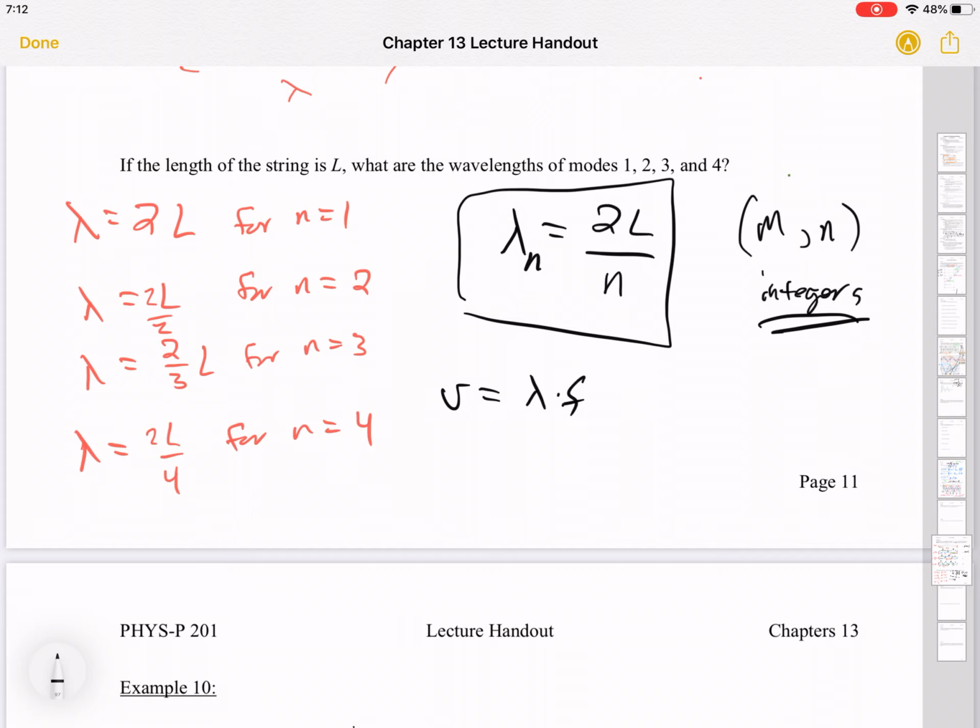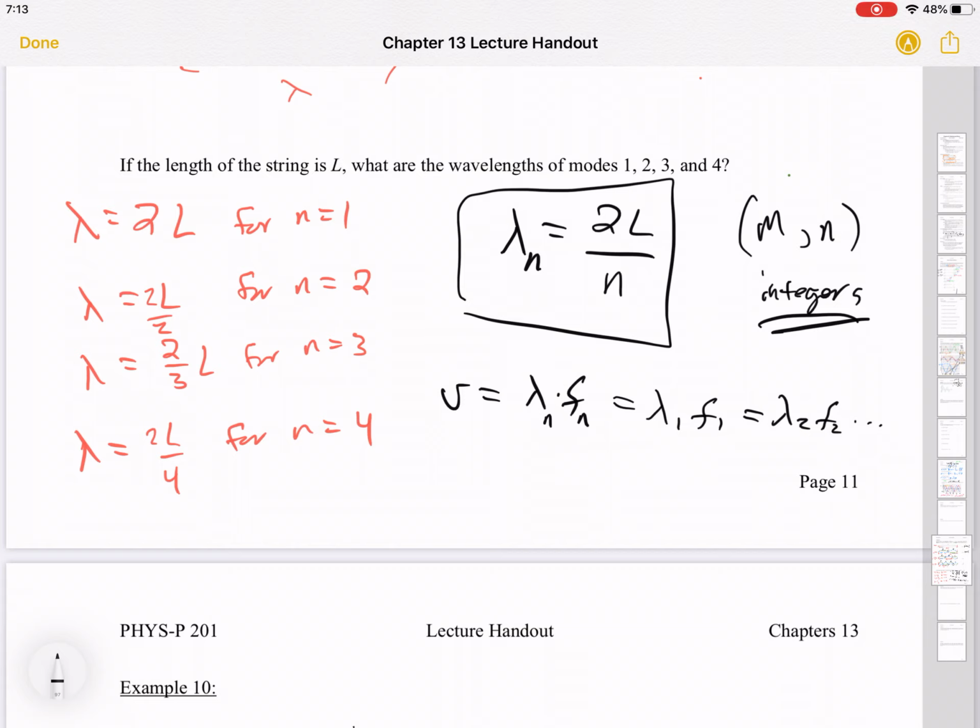So when I change the wavelength, all I'm going to do is change the frequency. So this would be lambda sub n, f sub n. This should be true for 1, for 2, and so forth. That means I could solve for f sub n as a function of n using this setup.